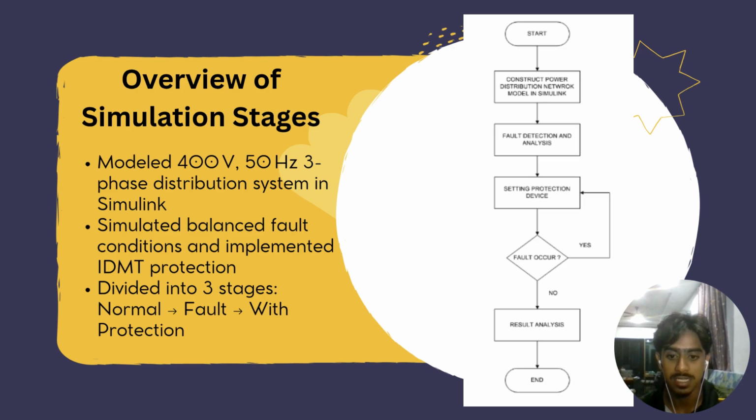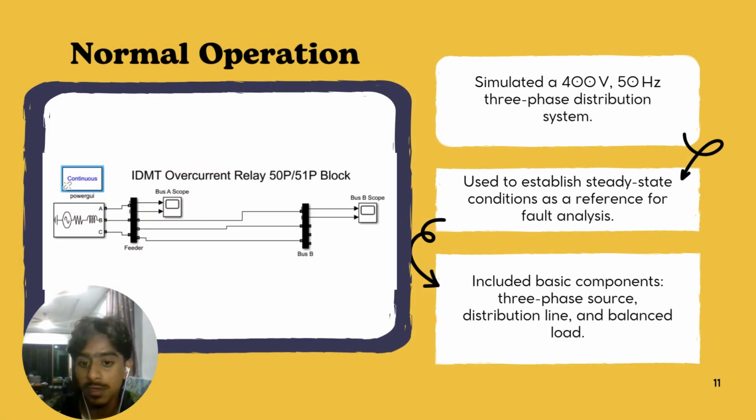We can discuss it briefly in three stages: before fault, which is normal operation of the power distribution system, then during fault, and then with protection scheme. For the normal operation, we just build a 400 volt, 50 hertz three-phase distribution system.